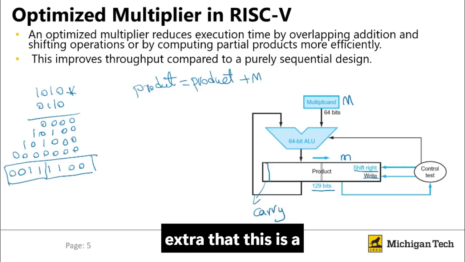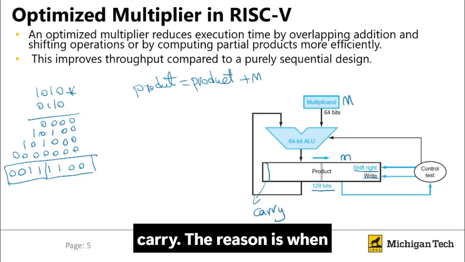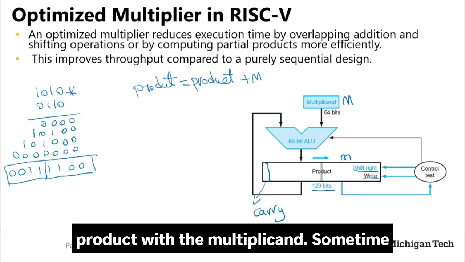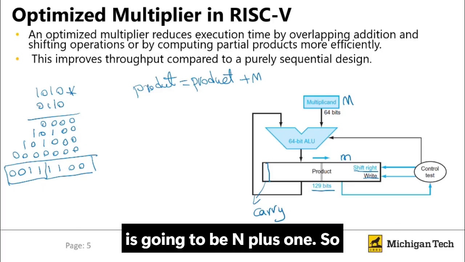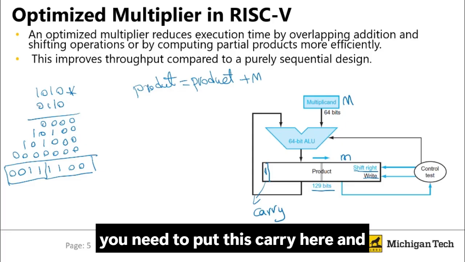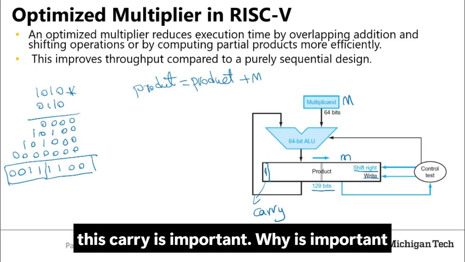The reason is when you are adding the previous product with the multiplicand, because you are adding two n-bit registers, the result is going to be n plus 1 bits. So you need to put this carry here, and this carry is important.